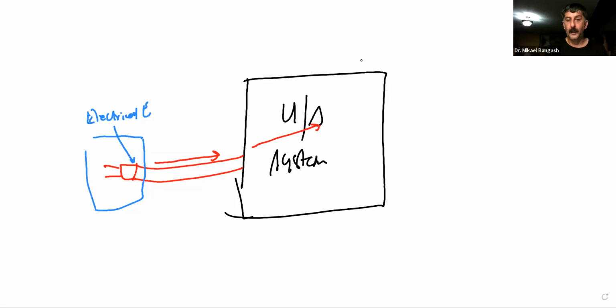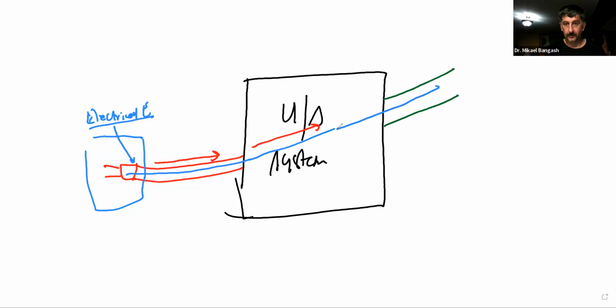Clear? And from the system is this electrical energy. Let's just say that electrical energy is blue. So electrical energy runs like this from the system to this wire here.